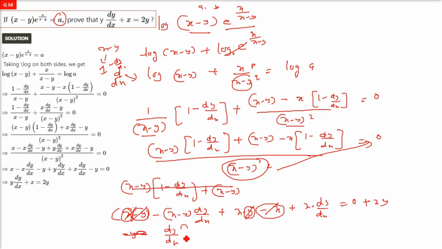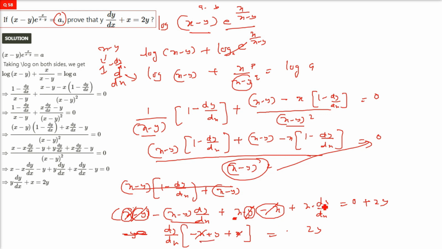Now I am taking dy by dx common. So it will be 1x, and there will be a y with dy by dx, so y dy by dx, and there is one more x term that I am just going to add here, as I just indicated. So we have already formed the equation.